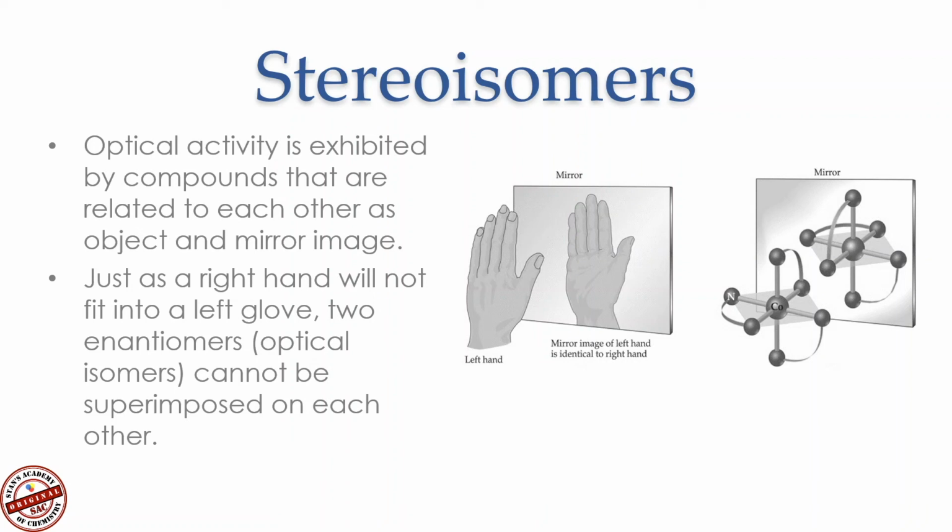So the important aspect here is compounds that have the same molecular formula, but spatial arrangement is going to be different. They are related to each other as object and mirror image in terms of the distribution of atoms in space. Then they will represent different optically active properties. So again, it's stereoisomers.